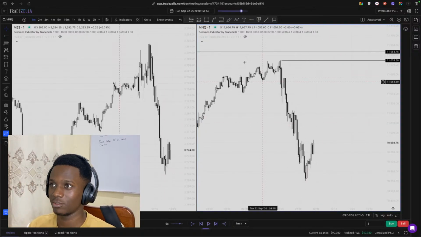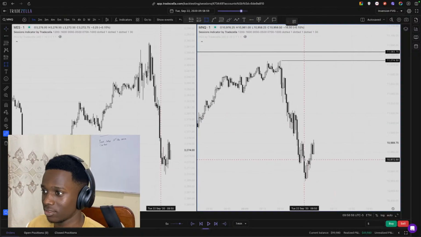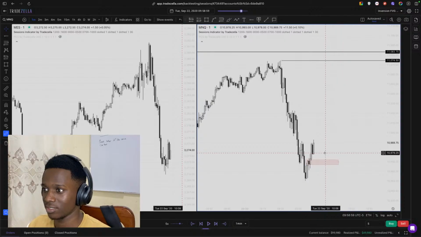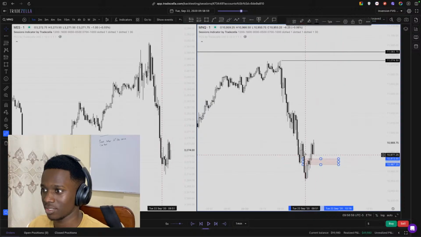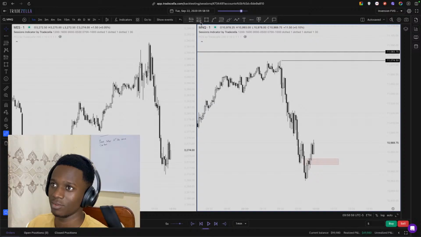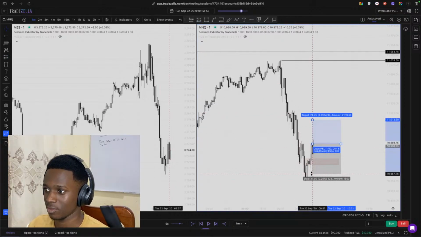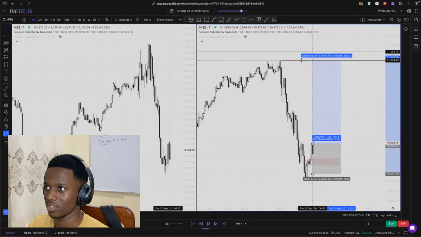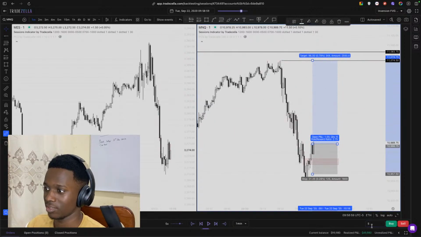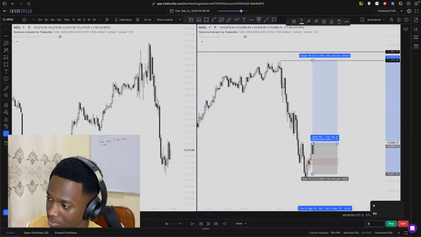If we take longs here at this inversion, then on this candle here, stop at this low and target these highs, 2.75 R, that would be like 8 micros long.